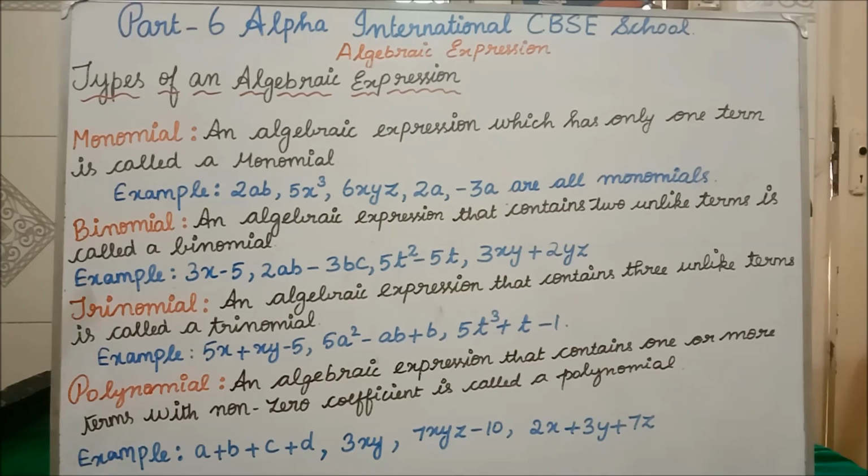We cannot say monomial, binomial, or trinomial. We can say it only as polynomial. Clear, all of you? A polynomial contains what things? It contains monomial, binomial, trinomial, and more than 3 terms also will be a polynomial. Clear, all of you?